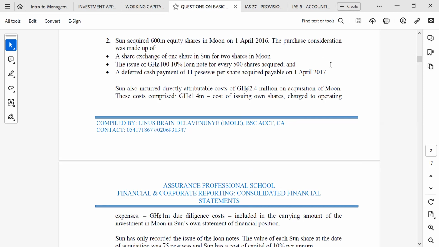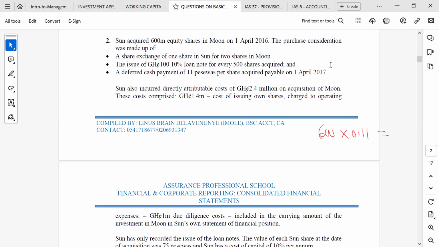Yeah. The question is, what is the amount that we are going to be paying them on 1st April? You have to determine that first. It is 11 pesos per the number of shares that you are acquiring. We acquired 600 million shares times 11 pesos, so we have 600 million shares multiplied by 0.11. What will be the amount that we are going to be paying? 56.